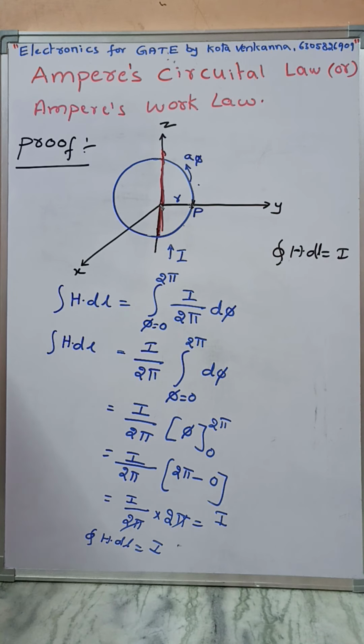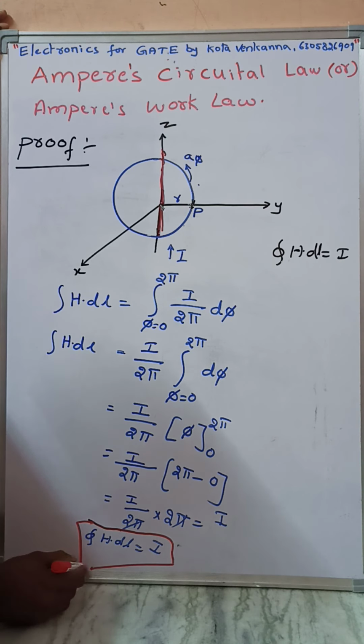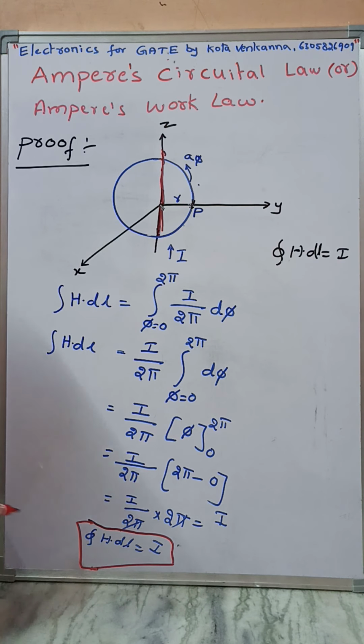So this is the statement of Ampere's circuital law proof, which is proved. The integration of H dot dl is equal to I. This is the line integral of magnetic field intensity around a closed path, which must be equal to I, the current enclosed by that path.